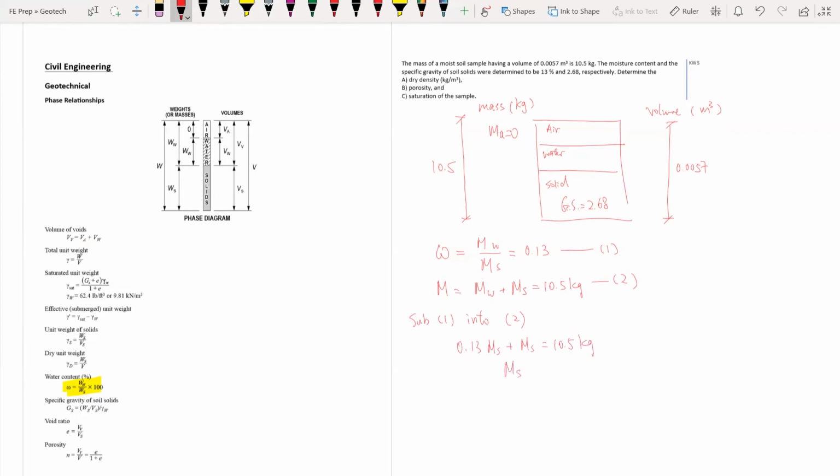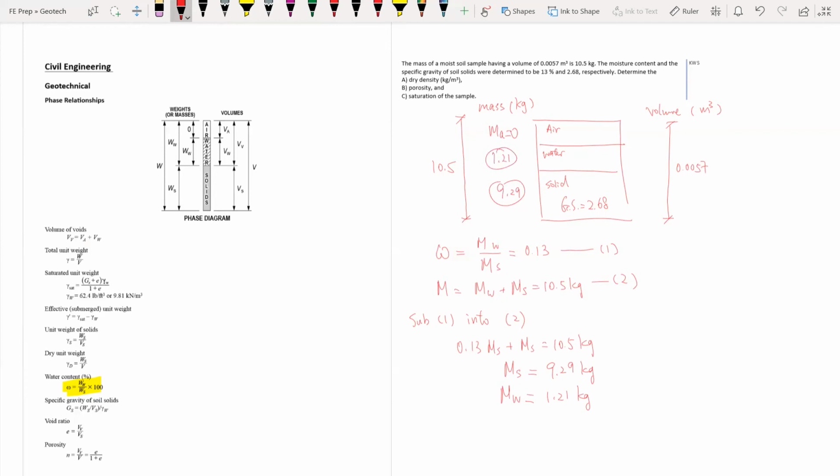Firstly, we get the mass of the solid, and we can also easily find the mass of the water. So the mass of solid is 9.29, and the mass of water is 1.21 kilograms.